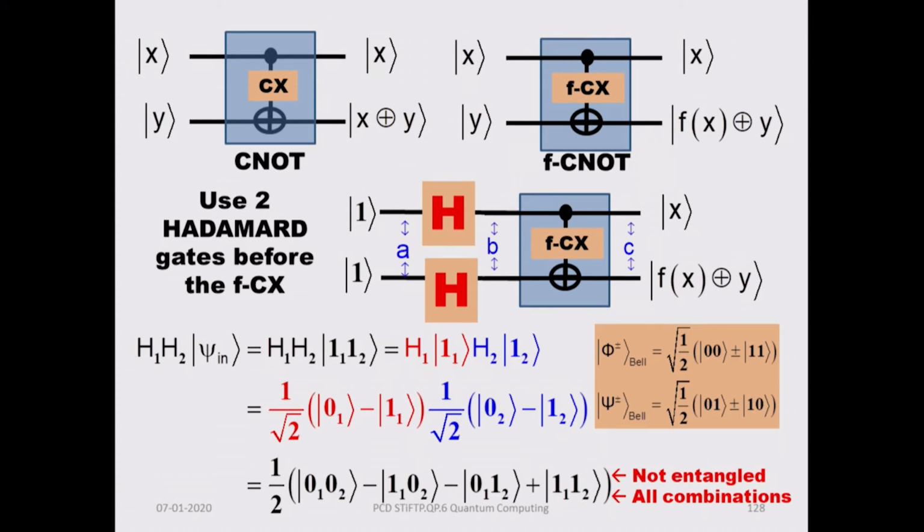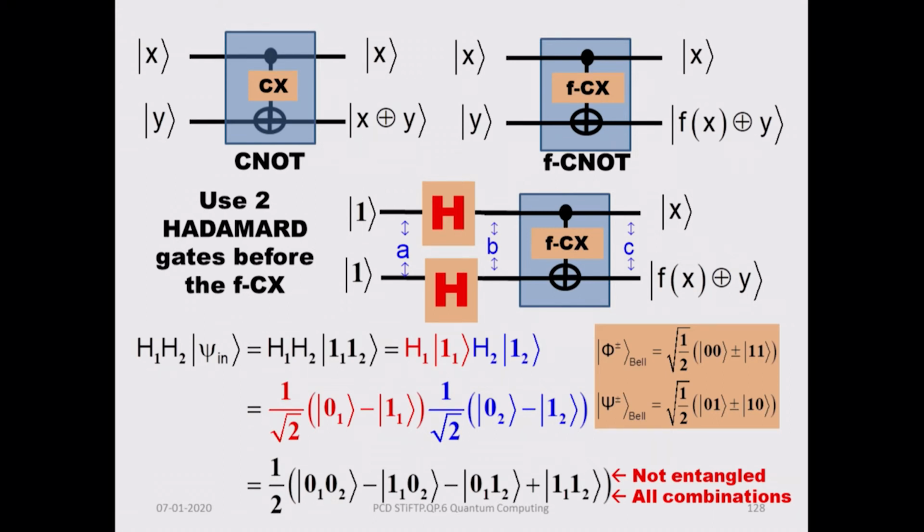You have the combination 00 and 11 in the state phi, and you have 01 and 10 in the state psi with plus or minus sign in between. But in an unentangled state which is factored, you have got all the combinations: 00, 10, 01 and 11. So, there are 4 combinations which are possible. All 4 are present in this unentangled state.